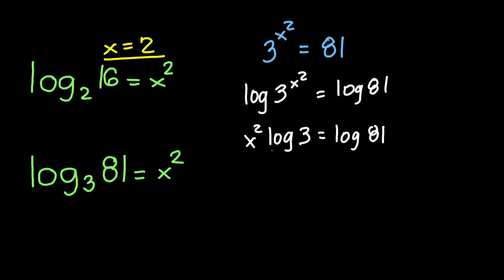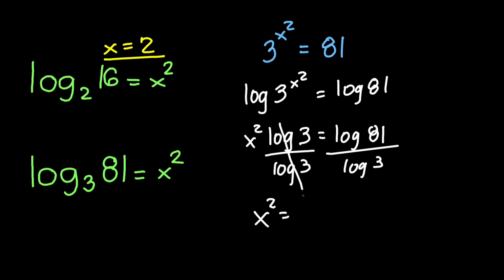And now, get rid of log 3 here. So, divide both sides by log of 3. And so, x squared right here would be equal to log of 81 over log of 3. So, input that into your calculator and you should have an answer of 4 also.